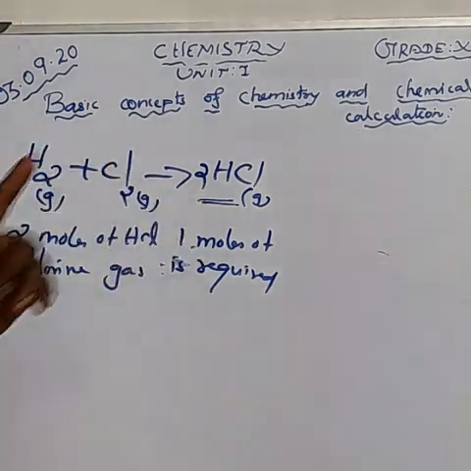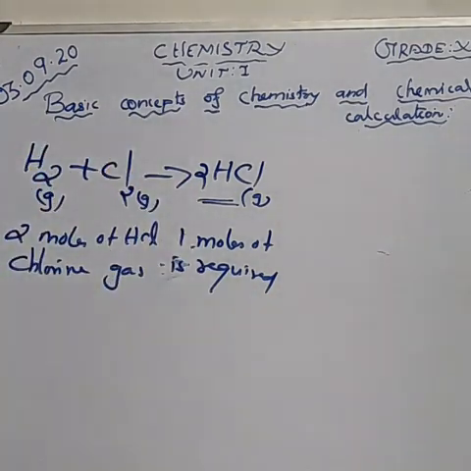Then what is the balance in the equation? Otherwise it is not balanced. Then to produce 11.2 liters of HCl, what is the formula?